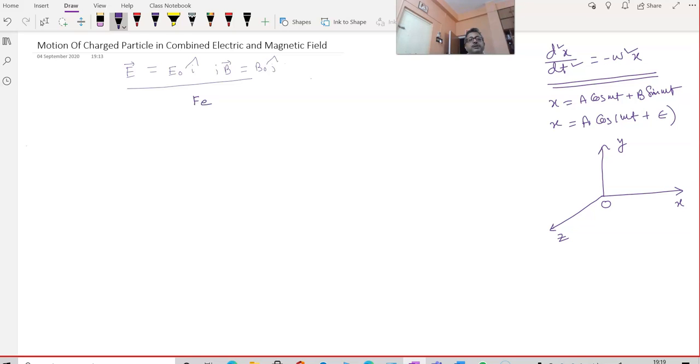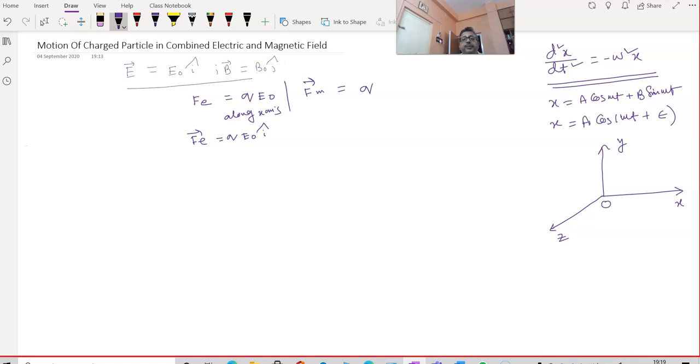The value of electric Lorentz force is going to be q into E0 if charge is q. And magnetic Lorentz force Fm, here I am telling the force will be along x-axis only. Vectorially you can write Fe will be q E0 i cap.